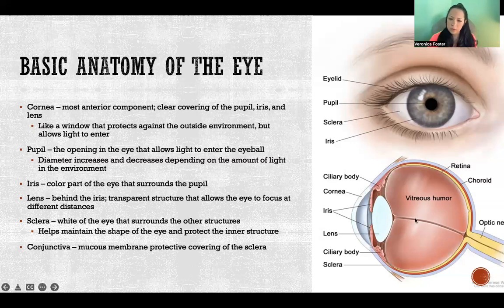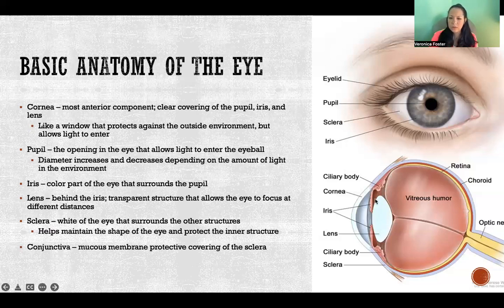The lens is back here in our picture. That's the lens. It's behind the iris, and it's a transparent structure that allows the eye to focus at different distances. So it's sort of like if you wear glasses or contacts, those are lenses where the idea is that they are refracting the light in different ways to change the focus of the image.